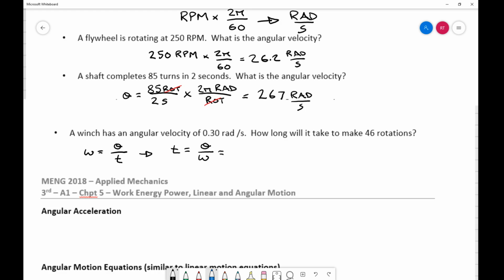Angular velocity is 0.3 radians per second, and I want 46 rotations. Maybe I'll do my conversion over here instead: 46 rotations times 2 pi radians per rotation.